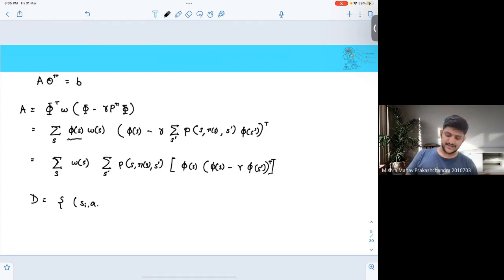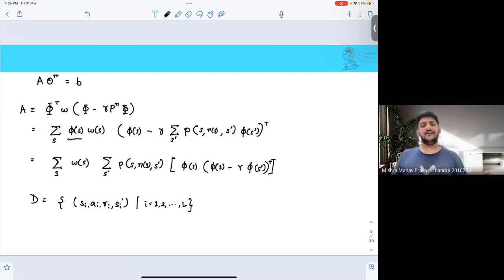I am storing (s_i, a_i, r_i, s prime_i) for i going from 1 to L. Let's say L is the size of my replay memory wherein I am storing all such transitions. Whatever transitions I have stored, if I have stored L such transitions, I'll simply take the average of 1 by L.